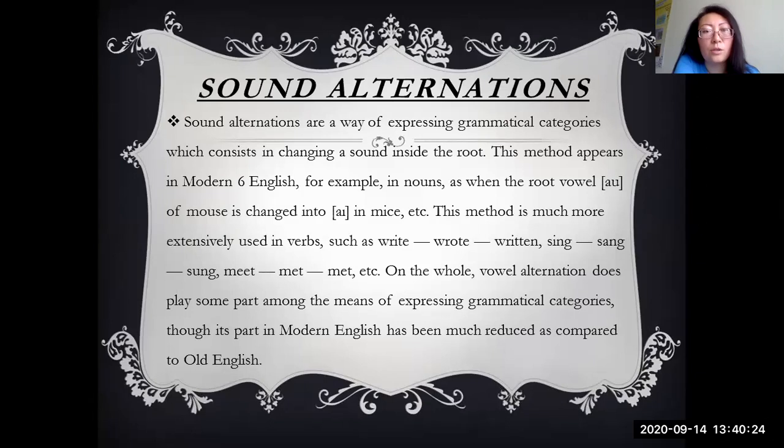Sound alternations. Sound alternations are a way of expressing grammatical categories which consist in changing a sound inside the root.